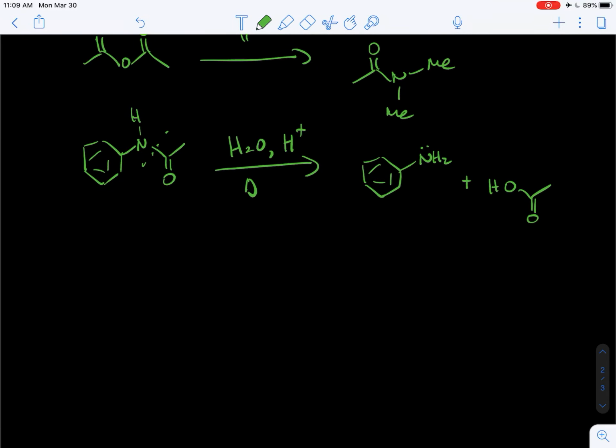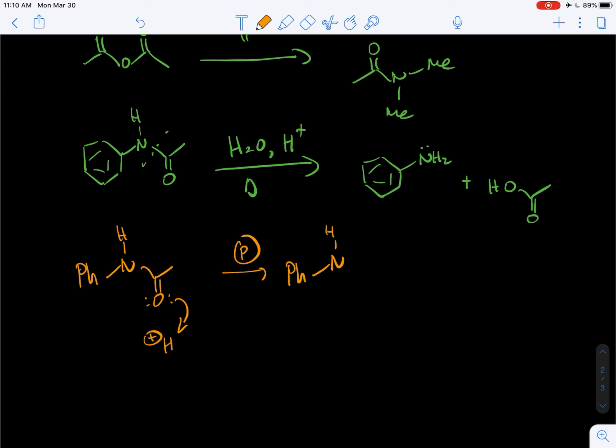How does this work? The mechanism involves protonation in the acid conditions. So P for protonation. The phenyl ring is just a bystander in all of this. So we once again always want to choose to protonate the carbonyl oxygen.